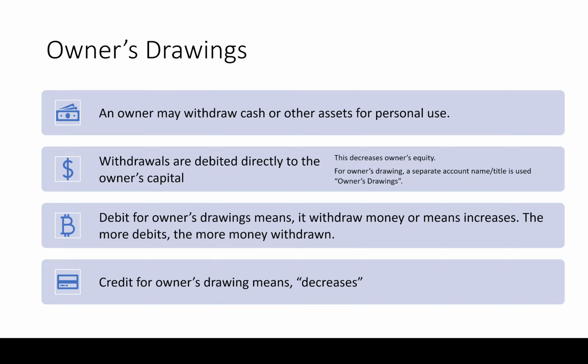Debit for owner's withdrawal means the owner's withdrawals increased. The more debits we have on the owner's drawings, the more money was withdrawn. And again, credit for owner's drawing means decreases.